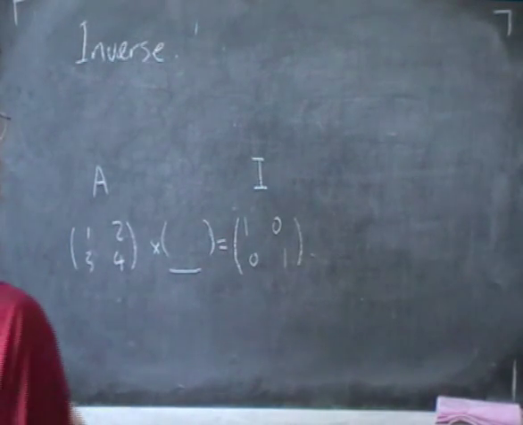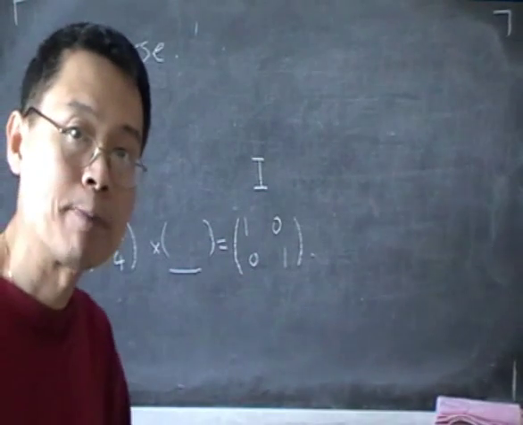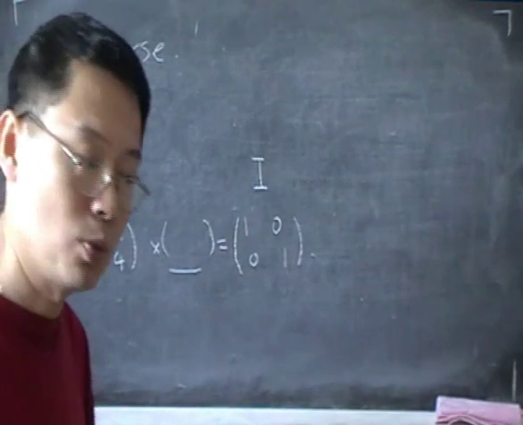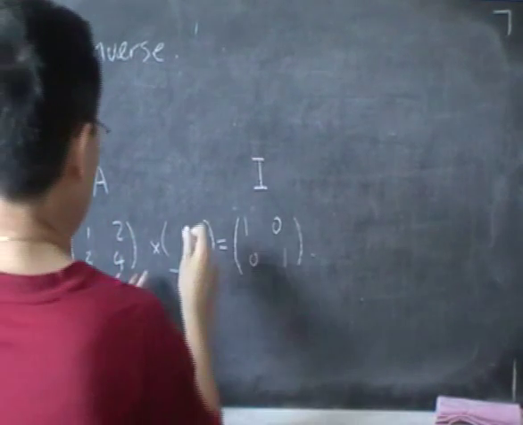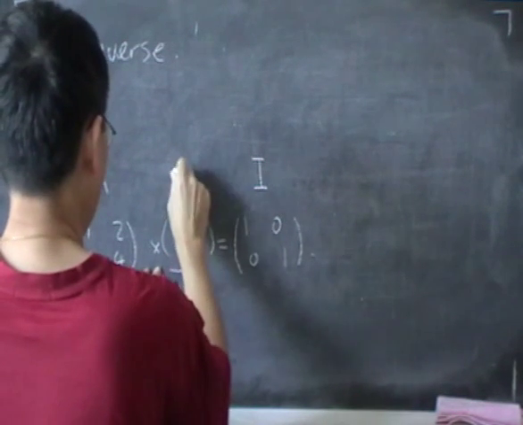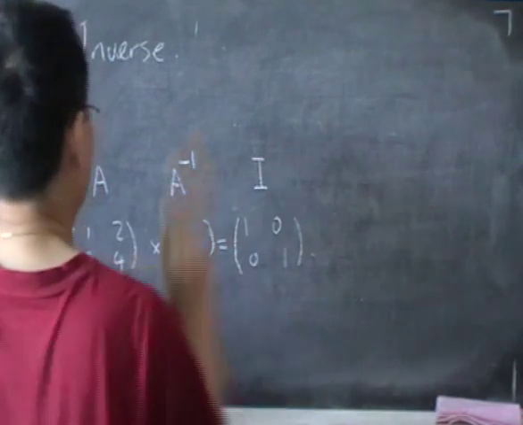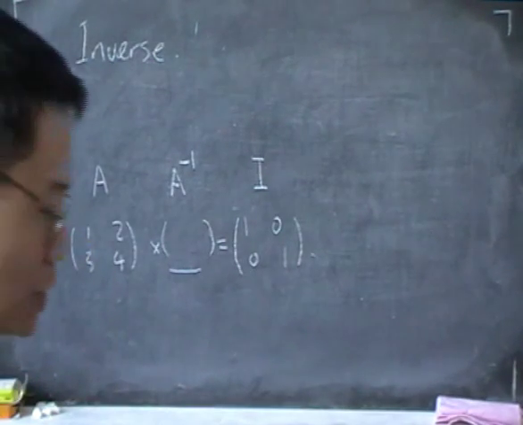Now this matrix plays the role that corresponds to the inverse of numbers. So this matrix is often represented by A with a -1. Now again, this is a special inverse.